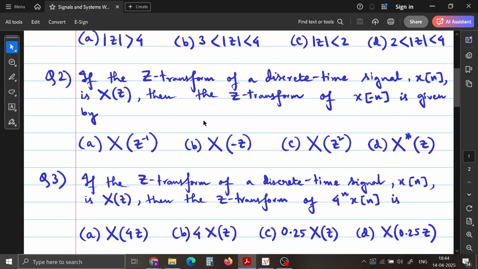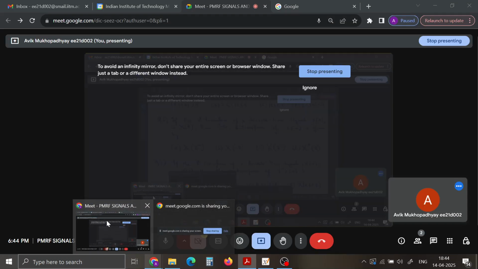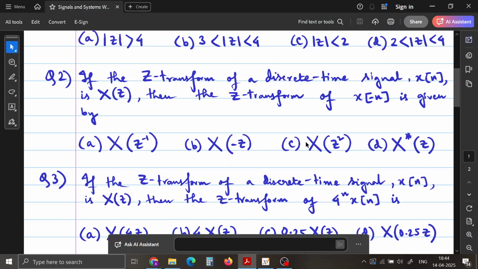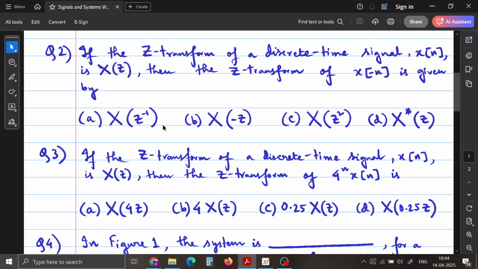Okay, now moving on to the third question. All right, so in the third question, we are given that, it's also a similar question to that of question 2.